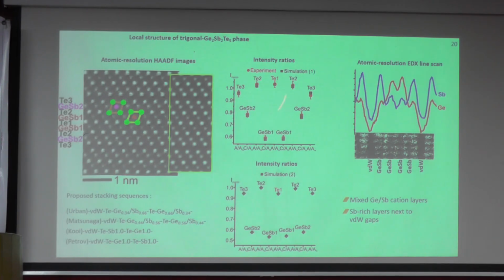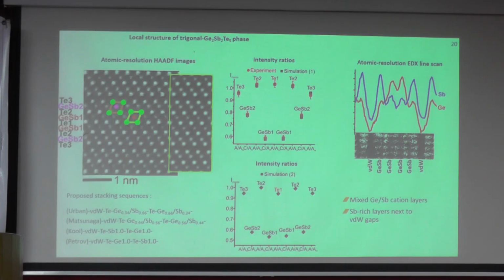We also did some experimental work on this using TEM, and we simulated the intensities of this data, and found that if you use Petrov's model, it fits much better to our experimental data.